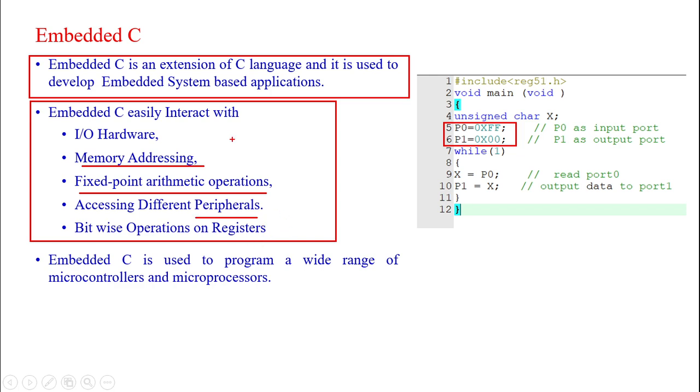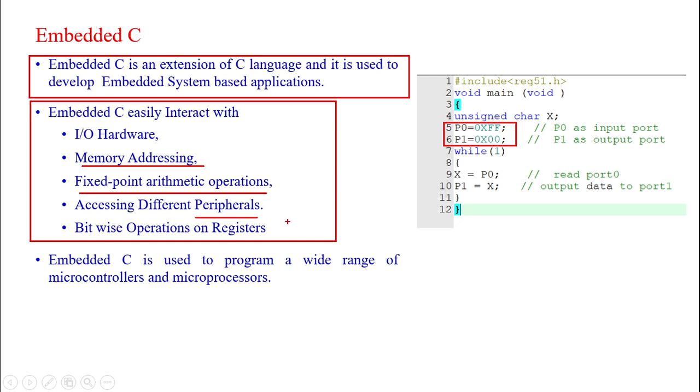Because of these many reasons, C programming is very flexible and very easy to develop code with. Using C programming, it is very easy to access the hardware, and especially with bitwise operations, we can operate at bit level on the registers.